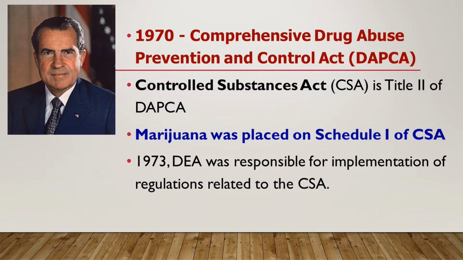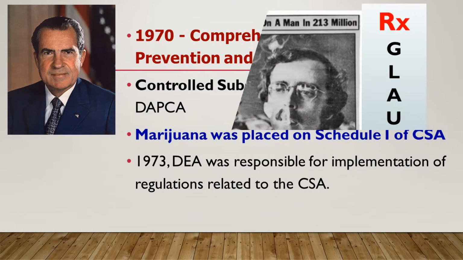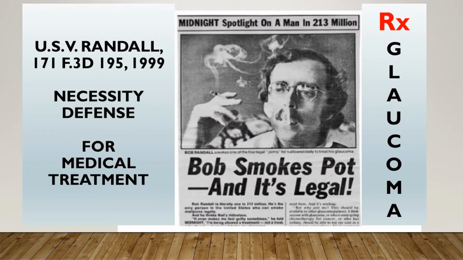Title II of DAPCA is the Controlled Substances Act, CSA, and THC and CBD were placed on Schedule I. In 1973, the DEA, Drug Enforcement Agency, was established to implement regulations pertaining to the Controlled Substances Act.